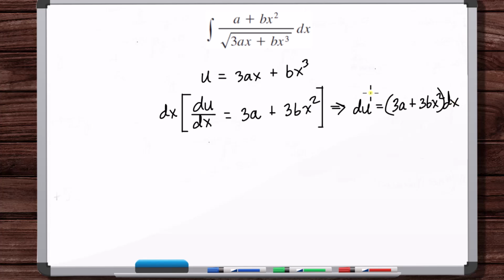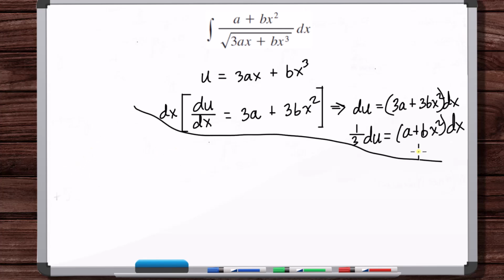Okay, so we're looking for a plus bx squared dx, so we can factor out a 3 here and then divide both sides by 3. So 1/3 du is equal to a plus bx squared dx. And there we go. This is a plus bx squared dx. So this integral is square root of u and then 1/3 du.